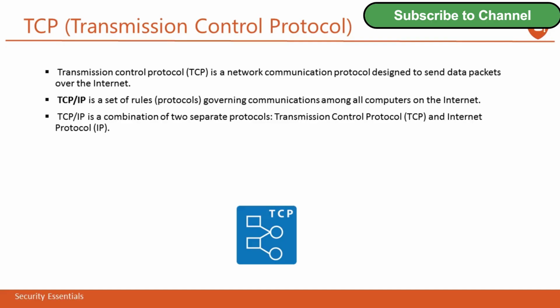TCP/IP is a combination of 2 separate protocols, TCP and IP, Transmission Control Protocol and Internet Protocol. As I have told you, we have 2 kinds of communication models. The first one is OSI, and the second one is TCP/IP. When we are using the TCP/IP communication model, we are using Transmission Control Protocol and Internet Protocol.